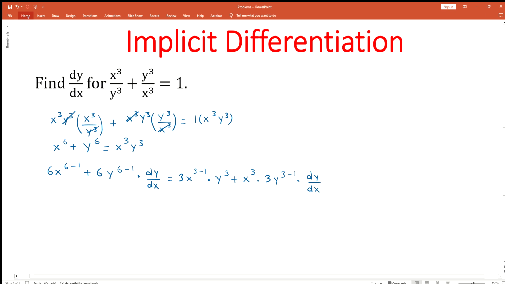Now we can simplify this step. In the exponents, 6 minus 1 is 5. 3 minus 1 is 2.